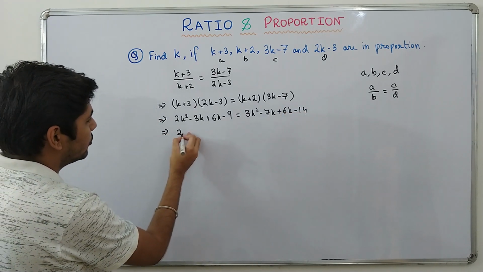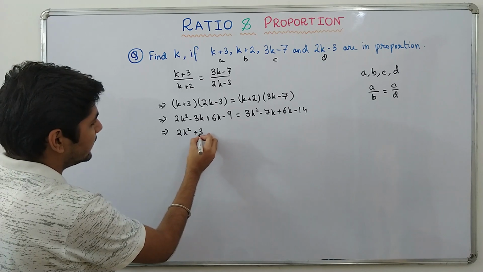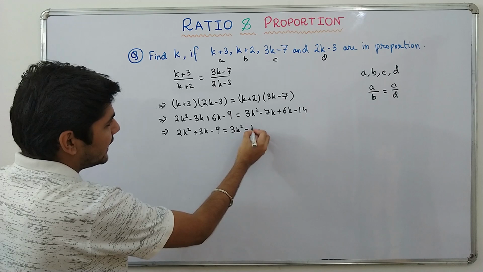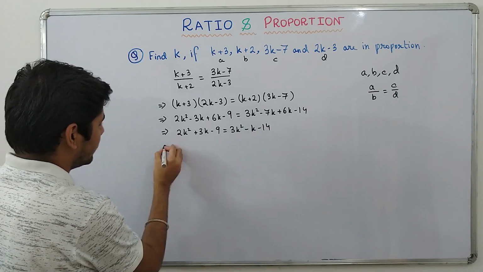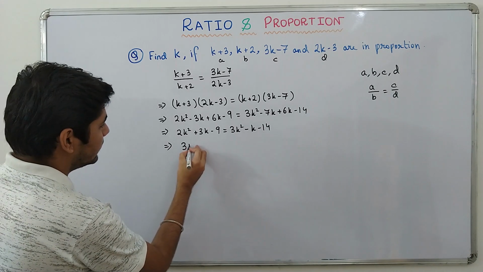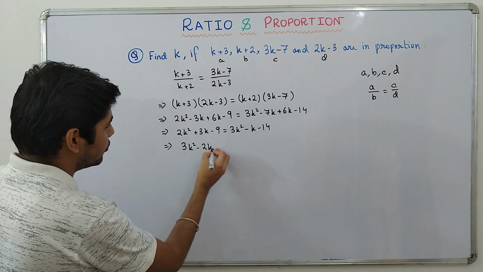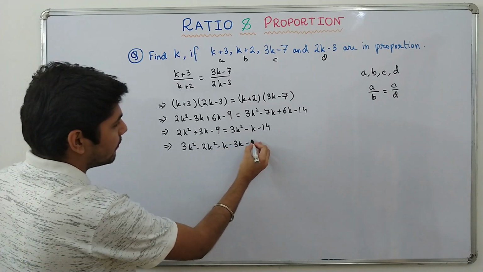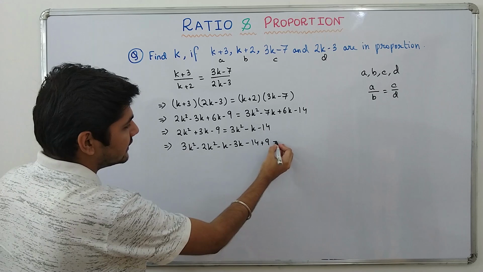So we get 2k square plus 3k minus 9 is equal to 3k square minus k minus 14. Now let's bring everything to one side. So what do we get? 3k square minus 2k square minus k minus 3k minus 14 plus 9 is equal to 0.